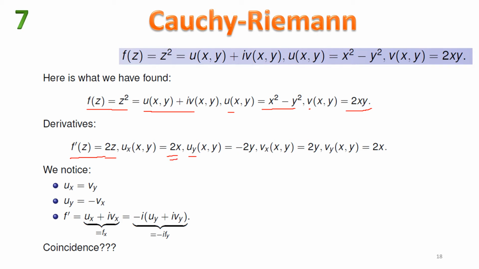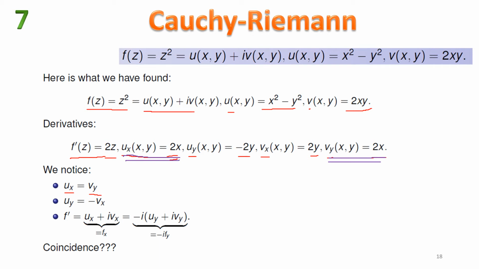The derivative of u with respect to y is minus 2y, the derivative of v with respect to x is 2y, and the derivative of v with respect to y, which is v suffix y, is equal to 2x. Now we want to make some wonderful observation here. You can see u suffix x is equal to v suffix y. Now see here, u suffix x is equal to 2x, and v suffix y is also equal to 2x.